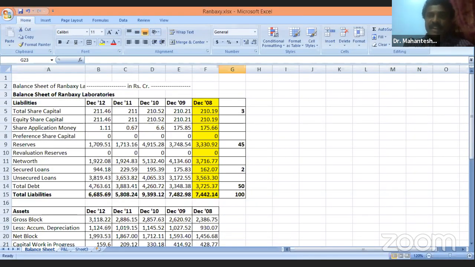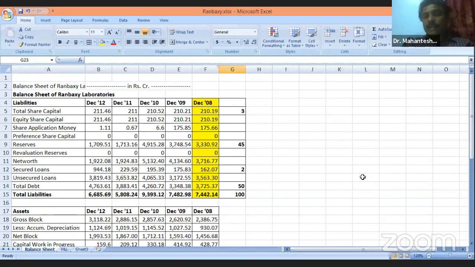Whether I convey or convince people, it is much easier than actually showing the same balance sheet with the complex numbers. Same thing is applied on the asset side of the balance sheet. Same thing is applied on the income statement or the profit and loss account also. I hope this concept of vertical analysis is clear, and that is why it is called vertical analysis, common size statement.